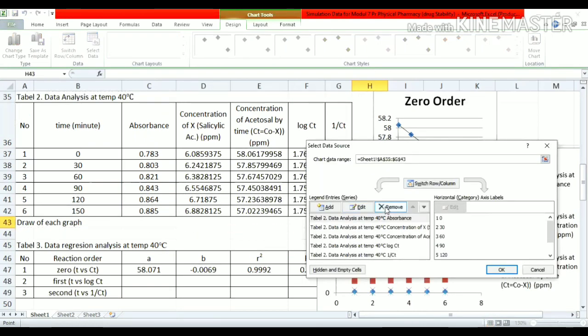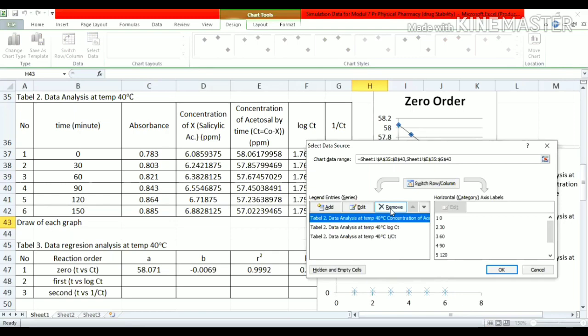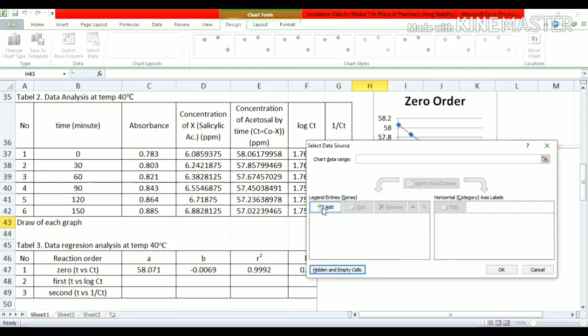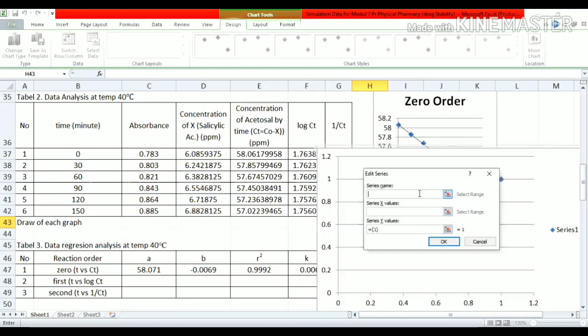For the first order, the X is the same. The X is time. The Y is the value of the log concentration of acetosol by time. So this is the graph.